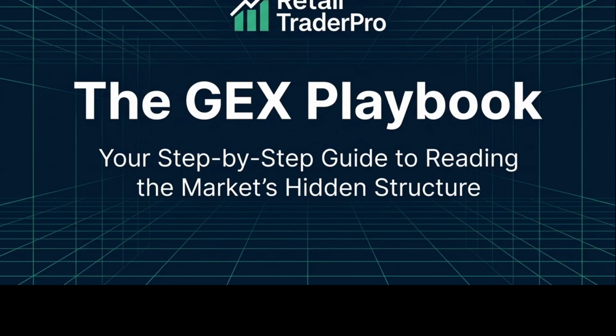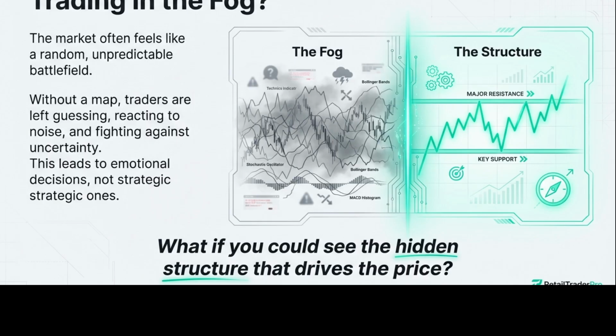Now I'm going to speak about the GEX playbook and how to use the spot gamma levels in your platform like a strategy. Trading in the fog: the market often feels like a random, unpredictable battlefield.